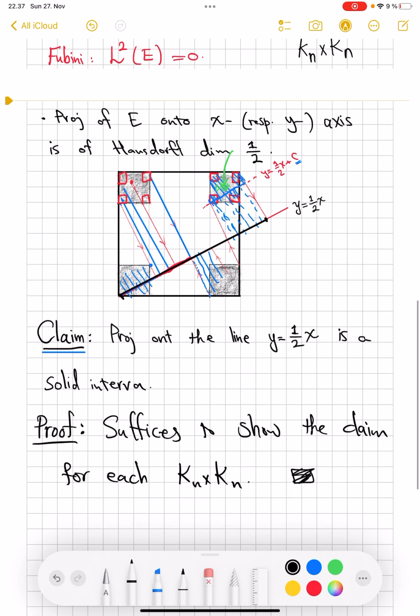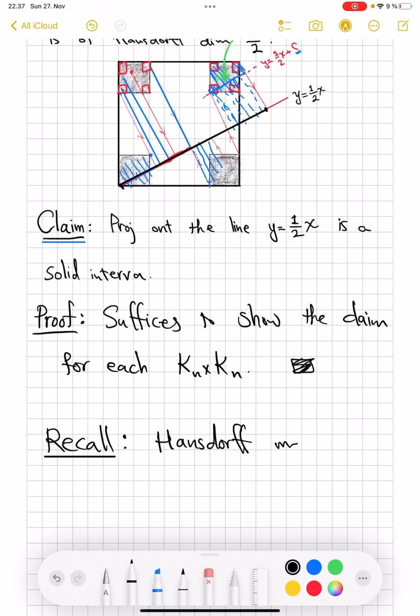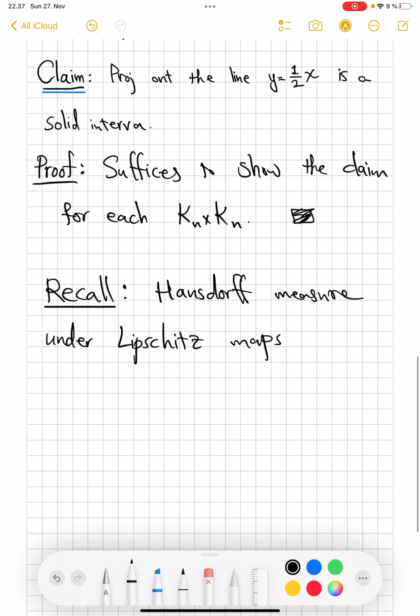Okay, why is this significant? Why look at this particular projection other than its interesting geometry? So if you have been following the Hausdorff measure part, one of the facts about Hausdorff measure under Lipschitz maps is that it behaves the following way.